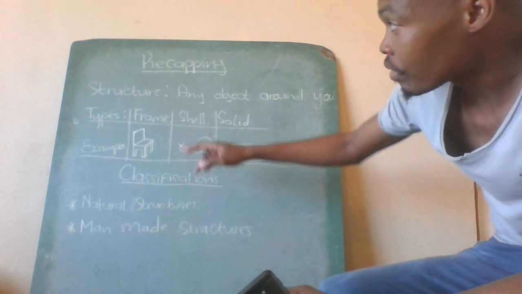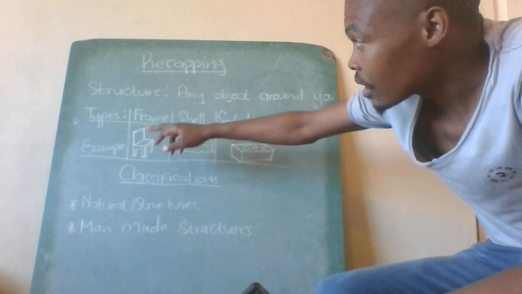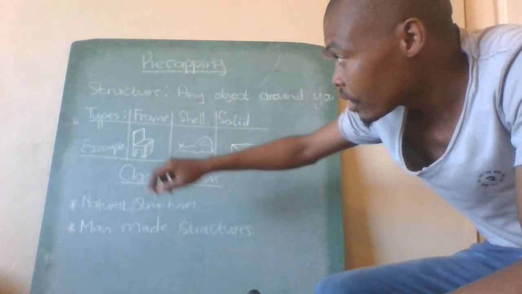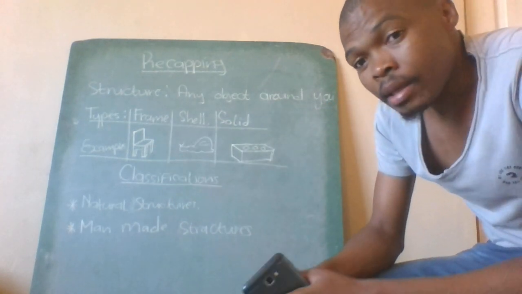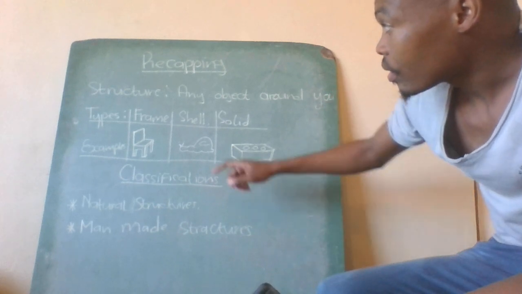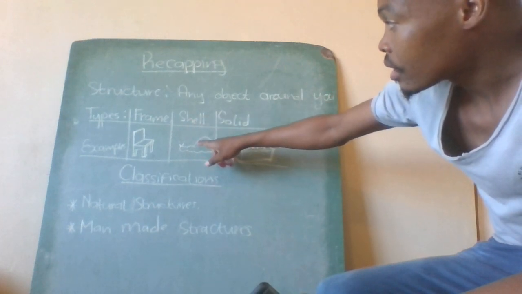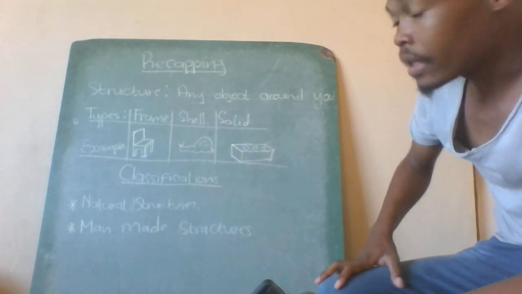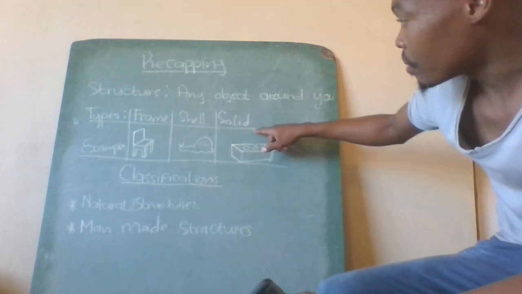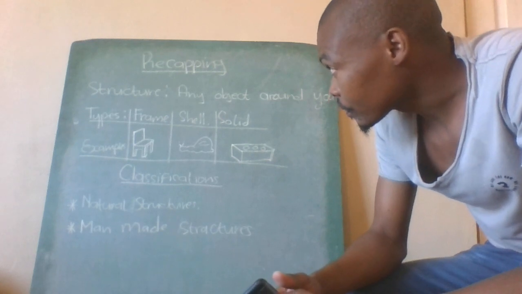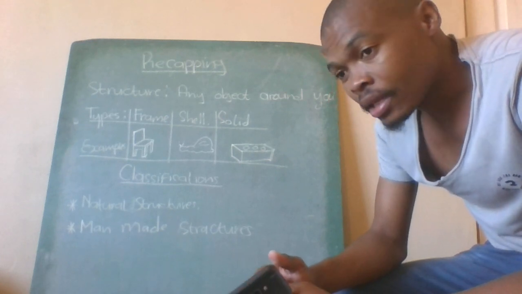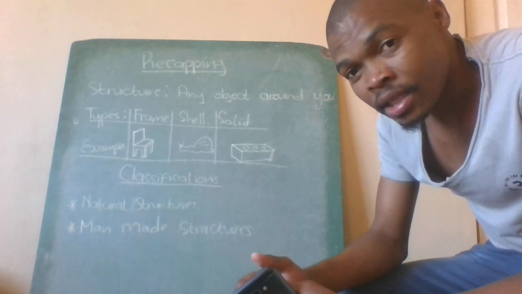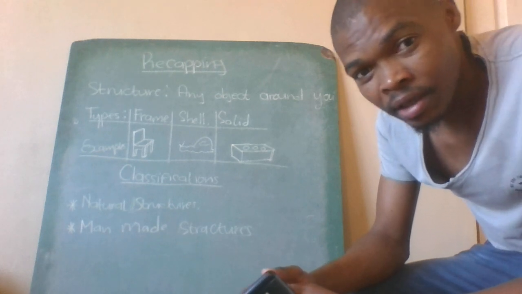The examples of frame structures is a chair. The example of a shell structure is a snake. And then the example of a solid structure is, and you must remember that all the types of structures are tied to their function.